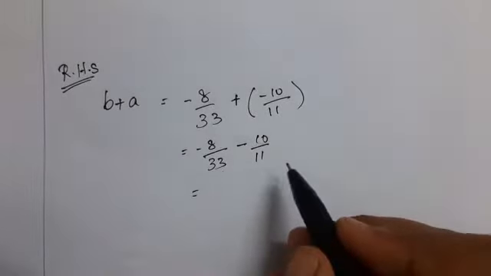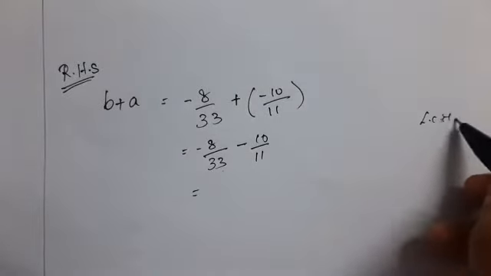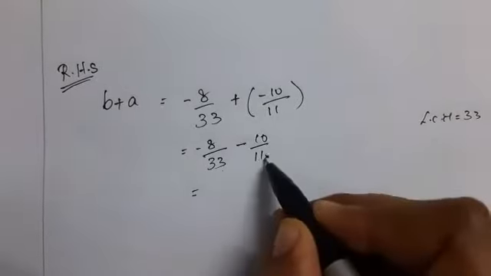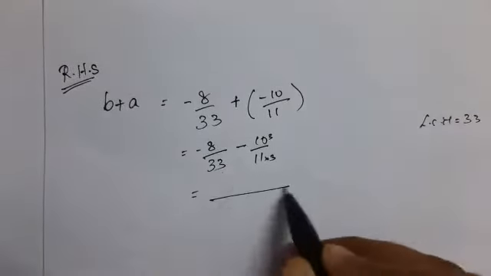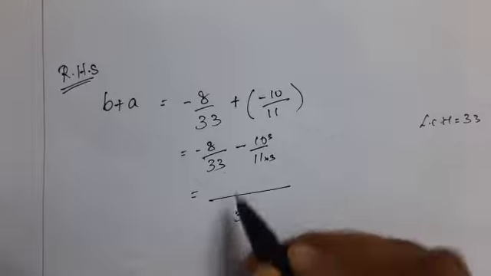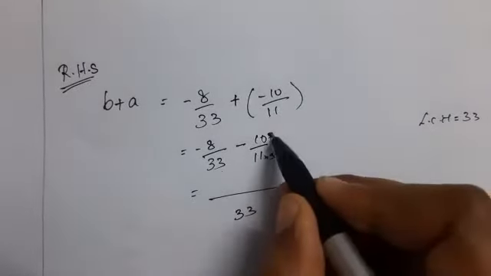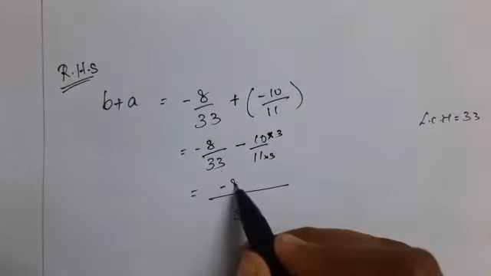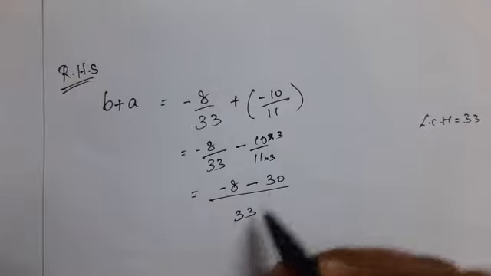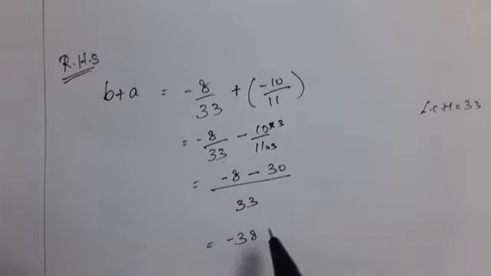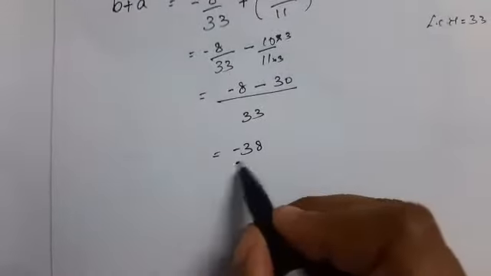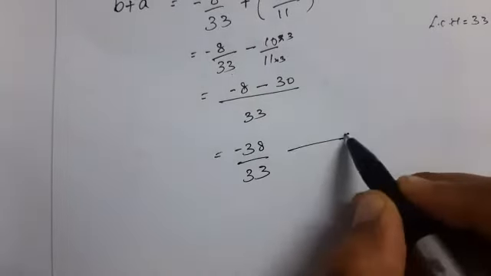Now find the LCM, that is 33. Don't change the first term. Second term multiply by 3. -8 minus 30. -8 minus 30 is equal to -38/33.